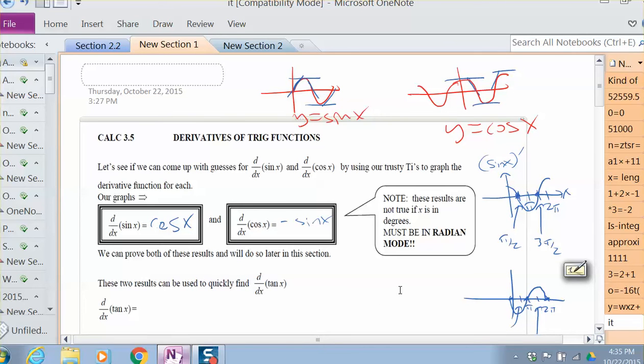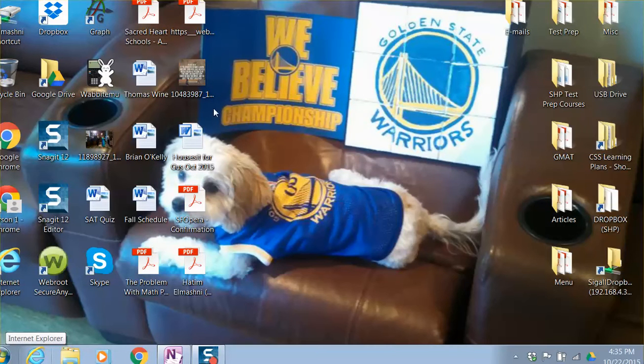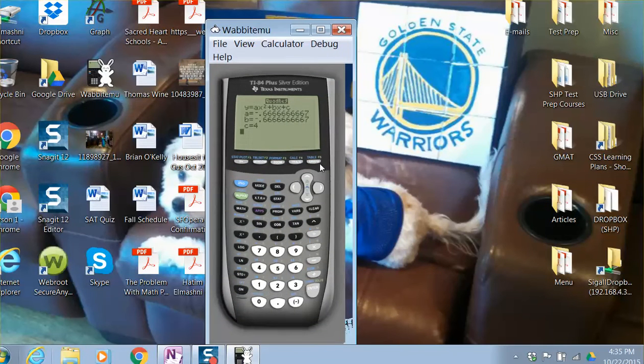And you can also graph the derivatives in your calculator, which is actually what I suggested in the notes. So if I were to do that, let me minimize all this junk here. Let's graph sine x, and I already have the derivative all set up under y2. By the way, we have to be in radian mode, very important, as you see in the dialog box. And I'm going to graph in ZTrig, so it goes from negative 2 pi to 2 pi.